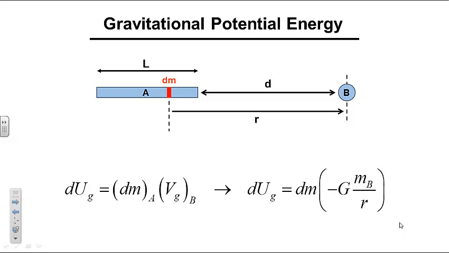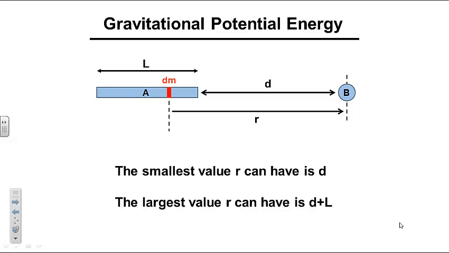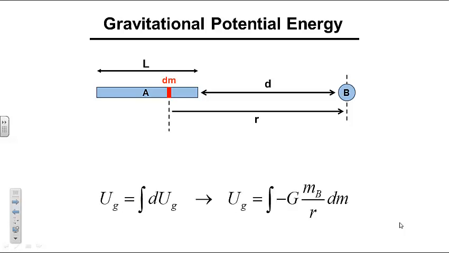The smallest value for the variable r in this equation is d, and the largest value of r is d plus L. These limits denote the closest and farthest any constituent point particle in the rigid rod can be to particle B. The total gravitational potential energy of this system is thus the integration of the contributions from each interaction between particle B and a point particle dm in the rod.